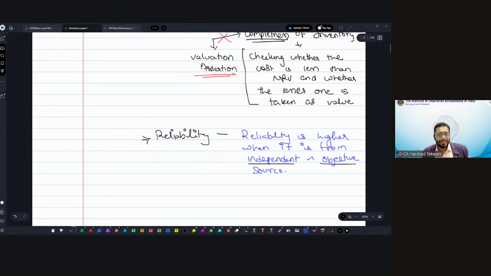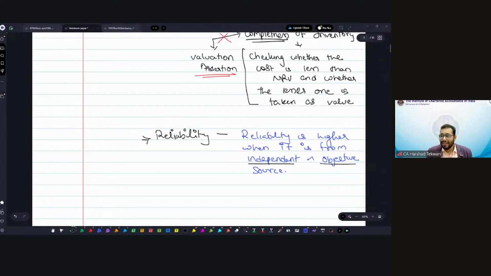So I need to understand what I need to do before I use any information as audit evidence. And sometimes that information can be manually prepared, either by the management or by an expert appointed by the management.